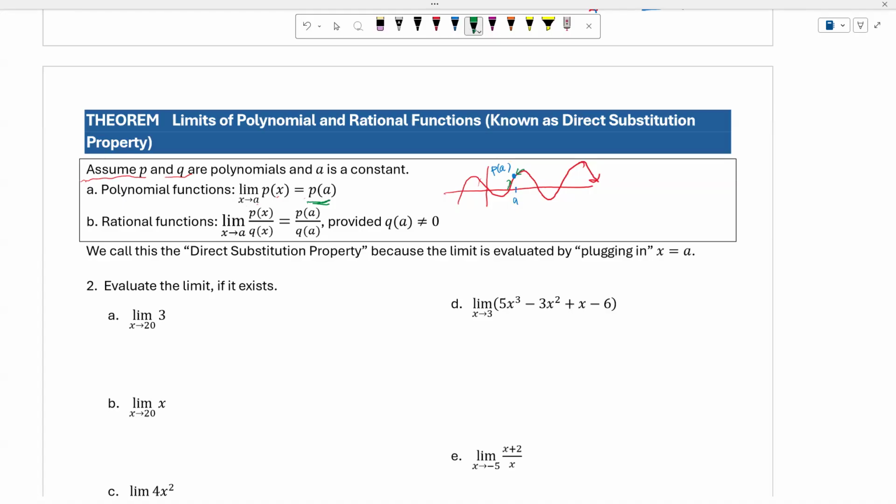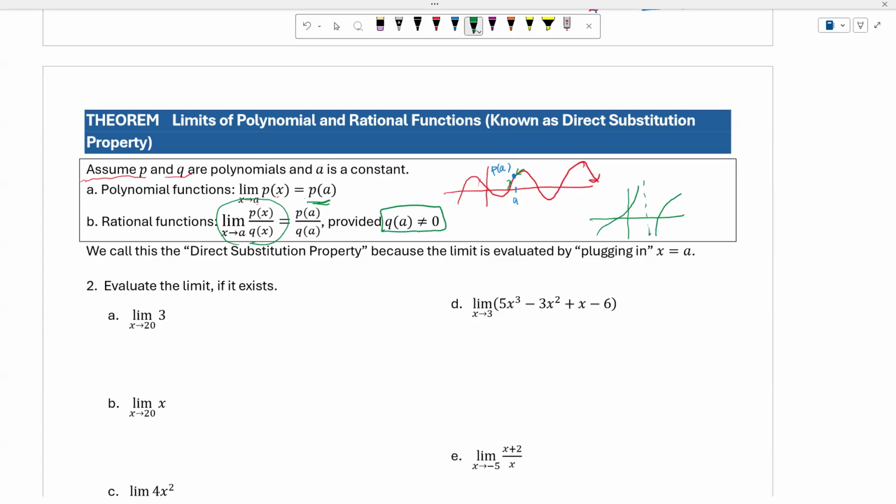So if you have a rational function, same thing. Even though sometimes you may have vertical asymptotes, in order to get the vertical asymptote, it will be when Q of A is equal to 0.